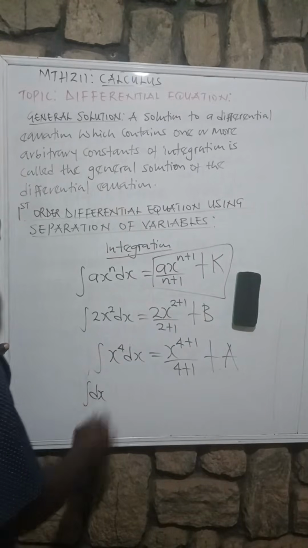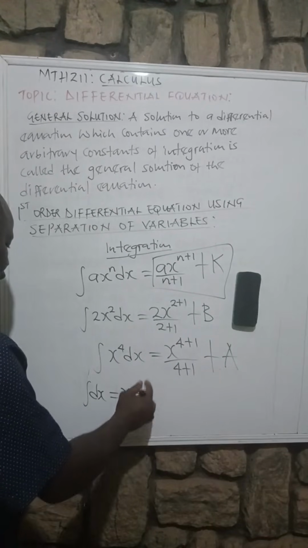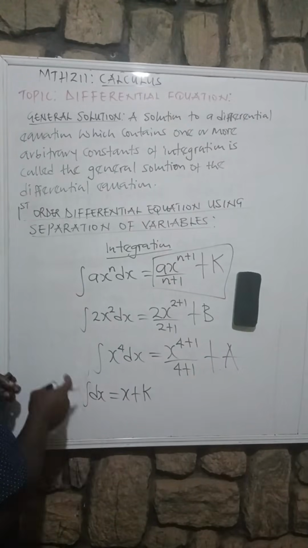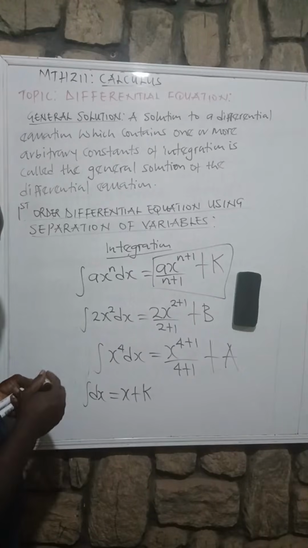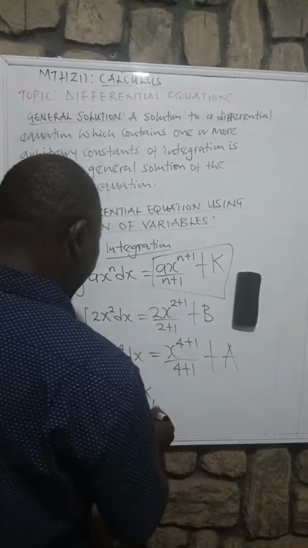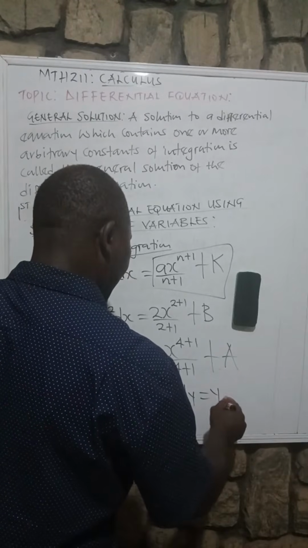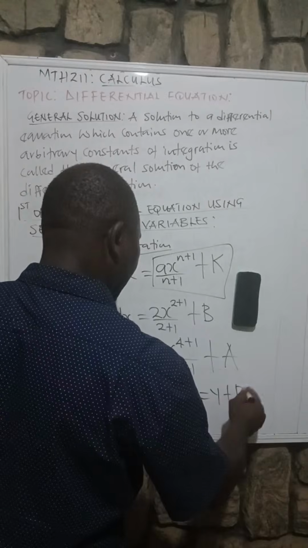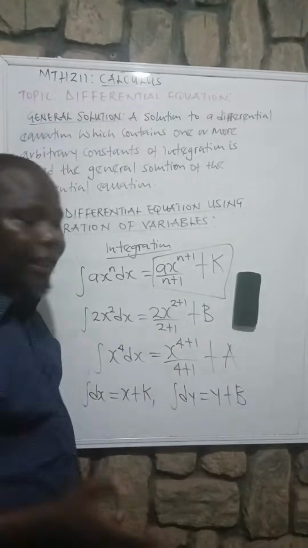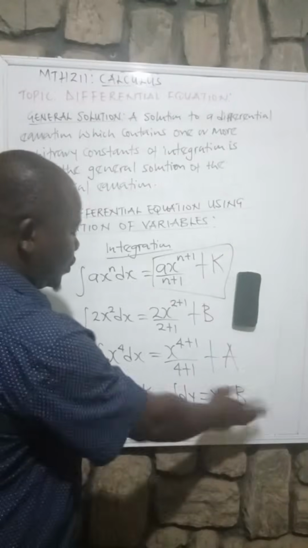But whenever you are asked to integrate dx, take note, it will always give you x plus any constant, either k or b or a or d. Is that clear? Take note of this, very important. Likewise, if you are asked to integrate dy, it will always give you y plus any constant.